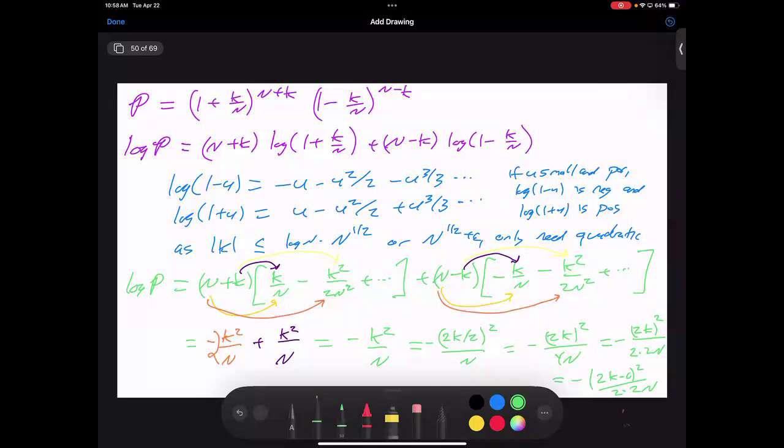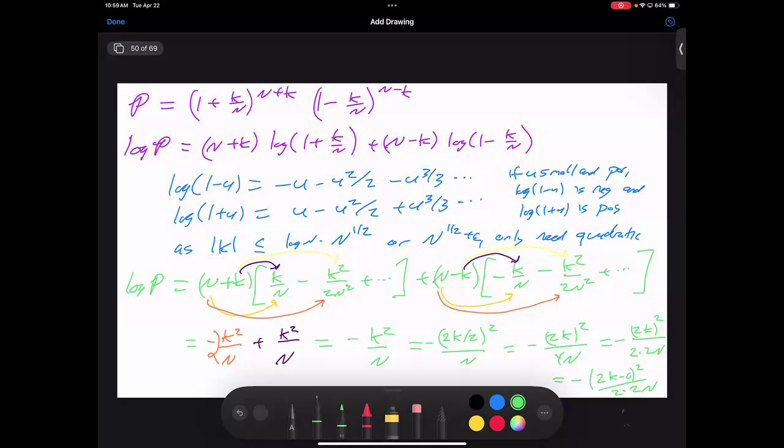It looks like the Gaussian. Which Gaussian? There's more than one Gaussian. But which Gaussian does it look like? Not the standard. Which 2 parameters do you have to give me to tell me which Gaussian you have? You have to give me the mean and the variance. 2k minus 0, that's looking like something with a mean of 0.